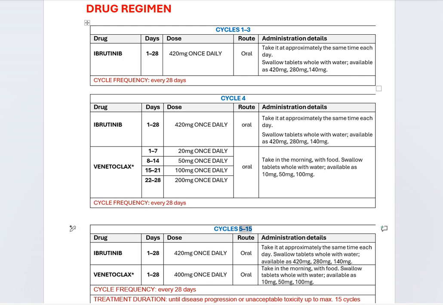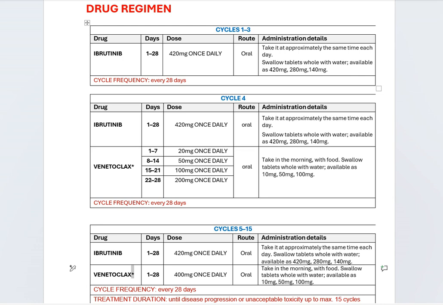Cycles 5 to 15. Drug, days, dose, route, administration details. Ibrutinib, days 1 to 28, 420 mg once daily, oral. Take it at approximately the same time each day. Swallow tablets whole with water. Available as 420 mg, 280 mg, 140 mg.